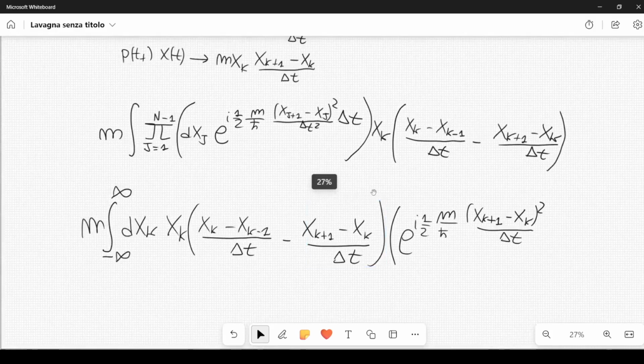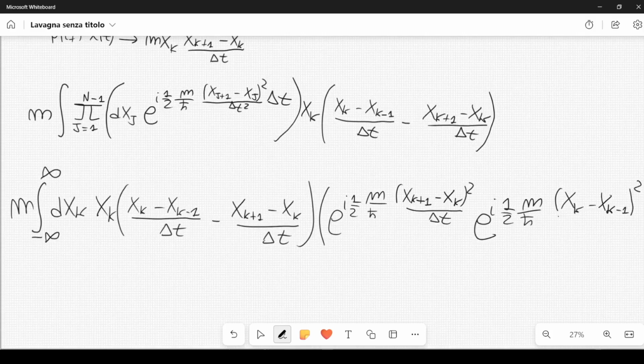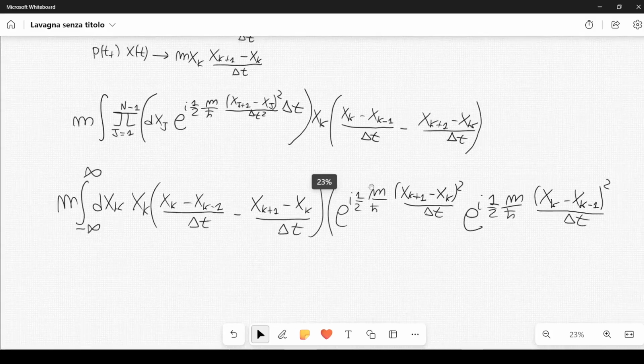And then I also need to consider another exponential, which is e to the i, 1/2 m over h bar, x sub k minus x sub k minus 1 squared divided by delta t, like this.